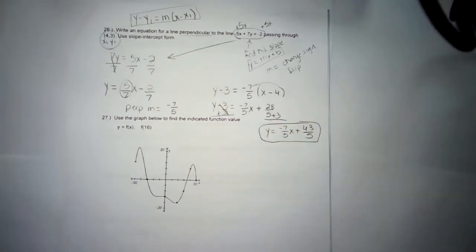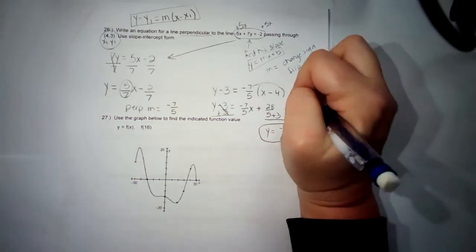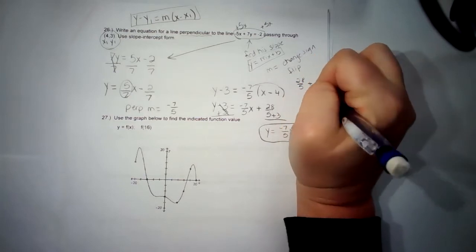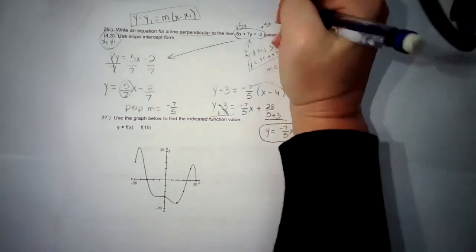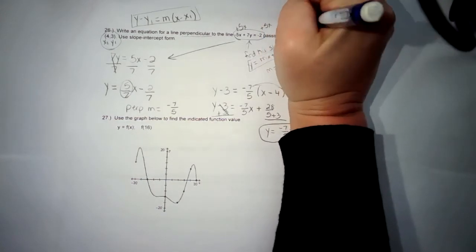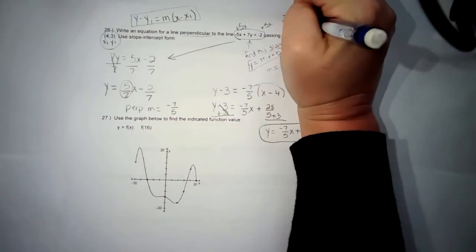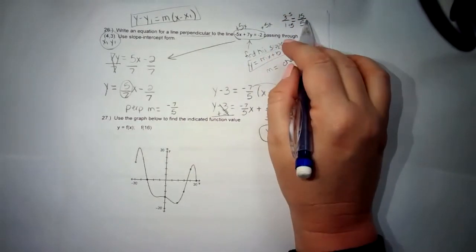Now, if you're not comfortable with that, let's go old school. How do I add 28/5 and 3? I need to turn 3 into something over 5, right? So 3/1 into something over 5 would be 15/5. Everybody remember how to make an equivalent fraction?